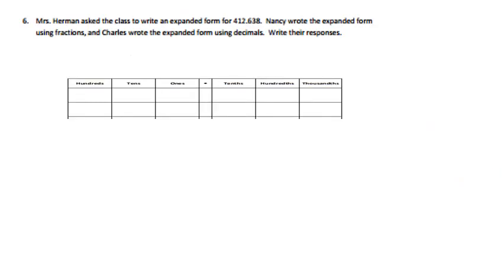Number 6. Ms. Herman asked the class to write an expanded form of 412 and 638 thousandths. Nancy wrote the expanded form using fractions. Charles wrote the expanded form using decimals. Write their responses. So the first thing I'm going to do is go ahead and put 412 and 638.